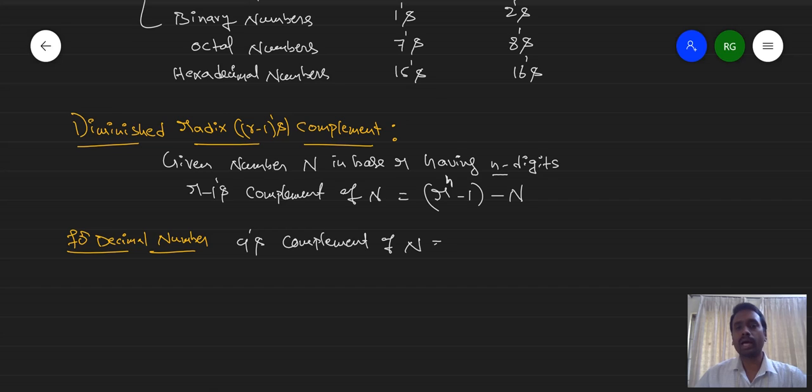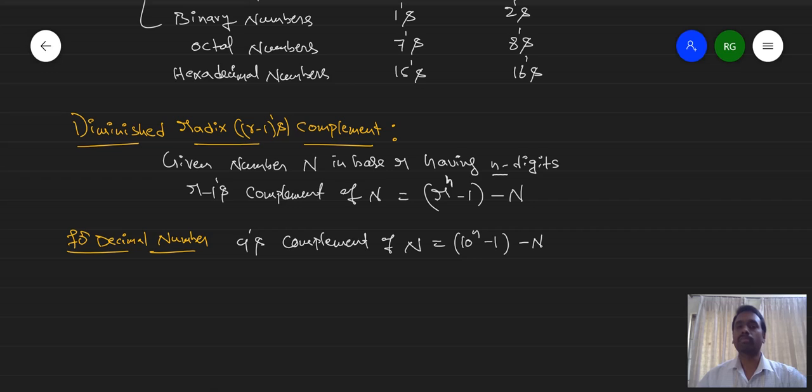The small r is nothing but the base, and the base of the decimal number system is 10. So this is nothing but 10 power n minus 1 minus N. This is the formula for finding the nines complement of a decimal number, or the diminished radix complement of a decimal number, or the r minus 1's complement of a decimal number.